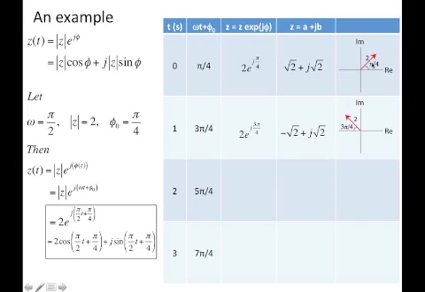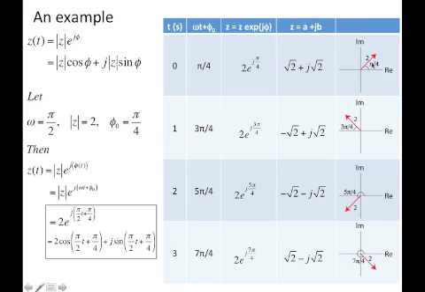And I can do that for each of the phase angles, or each of the times. And what you see is this vector is rotating with some frequency omega. Okay, and that is what's going to be useful when we start to talk about a signal generator that oscillates with some frequency and starts with some initial conditions.